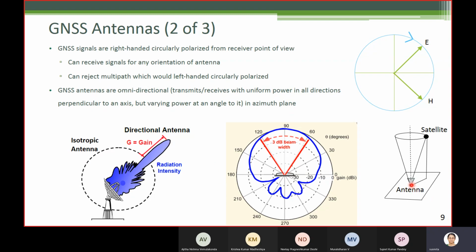So let's say this is where the antenna is. This is the notation for the antenna. Okay, this is where the antenna is. And this is where the satellite is. So the line connecting the antenna and the satellite basically is the line of sight. Right?